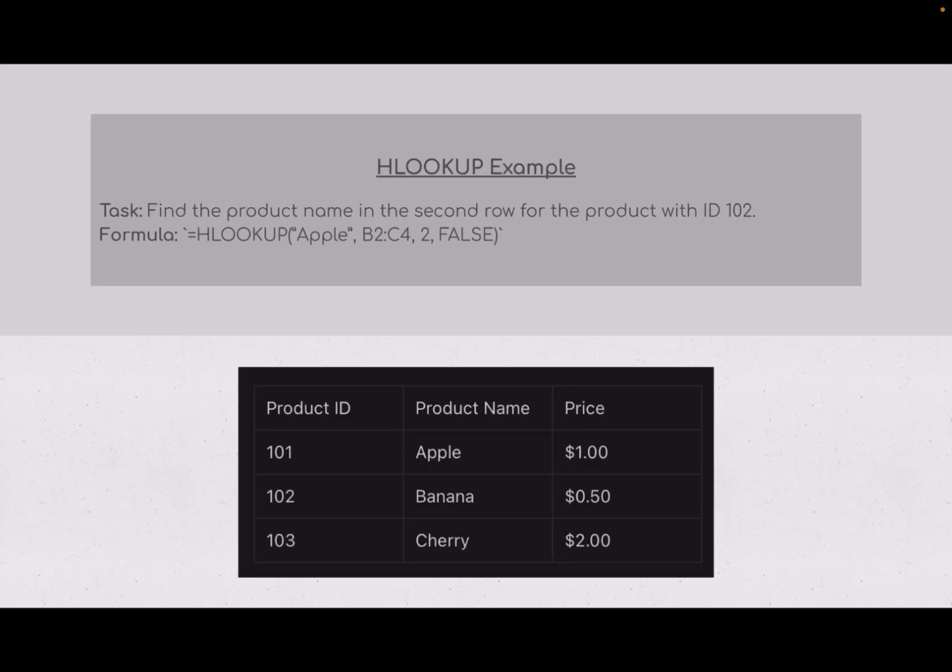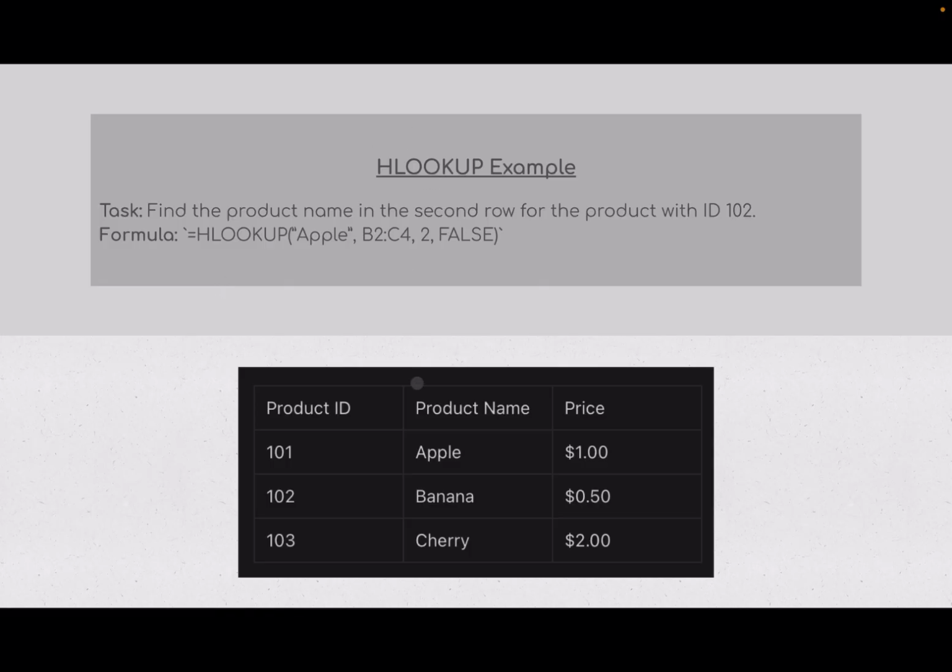So here for this example we have to find the product name in the second row for the product with the ID 102. So that is the second value. So the formula which we have used here is equal to HLOOKUP and then apple, B2 to C4, 2 and false. So we are giving the lookup value, which is apple, and then we are giving the table B2 to C4.